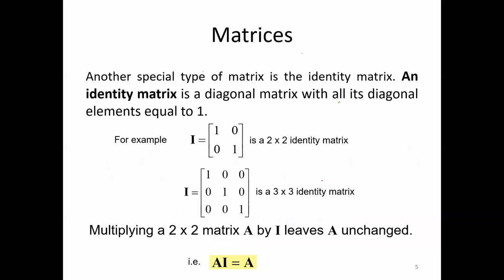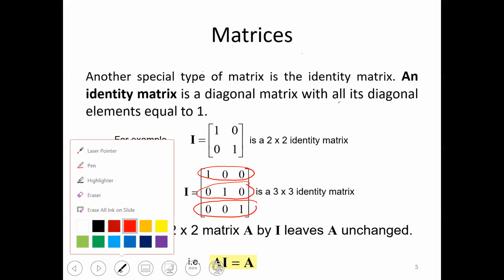Another special type of matrix is the identity matrix. The identity matrix is a diagonal matrix with all its diagonal elements equal to 1. So, for example, I is 1, 0, 0, 1, which is the 2 by 2 identity matrix, and the other one here is 3 by 3, because again, it has 3 rows and 3 columns.